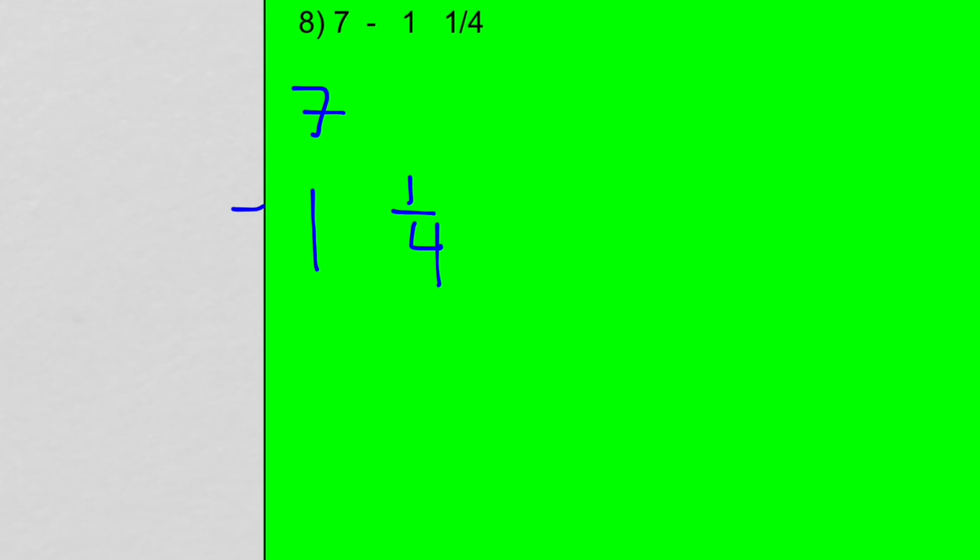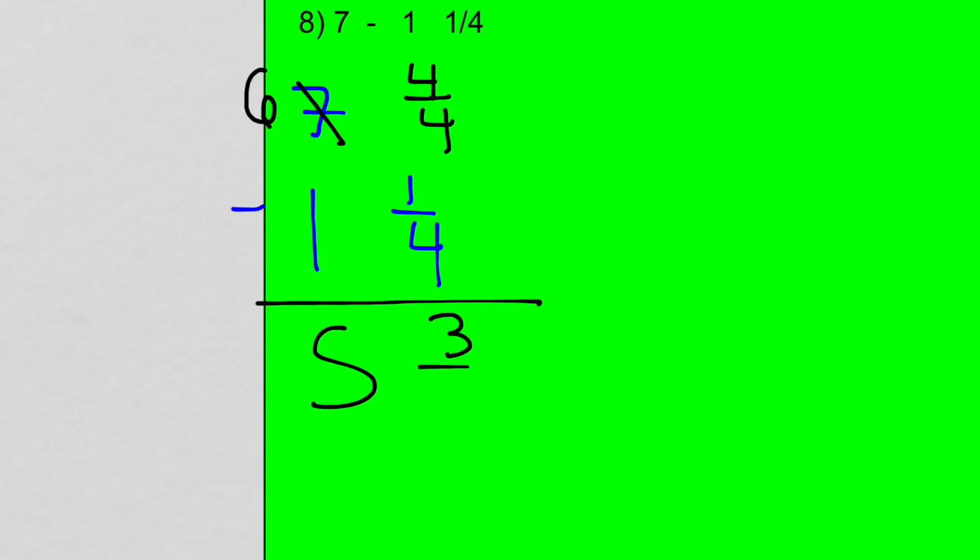So I'm going to borrow from the 7, make it 6. I'm going to take that 1 whole I borrowed, I'm going to write it as the fraction 4/4. The reason I choose 4/4 is because that gives me the common denominator that I need to subtract. Now I subtract. 6 minus 1 is 5. 4 minus 1 is 3/4.